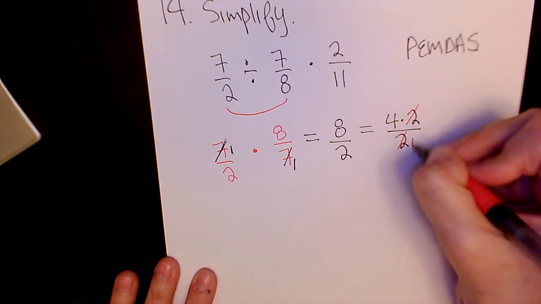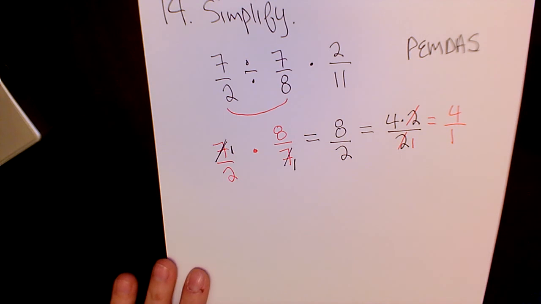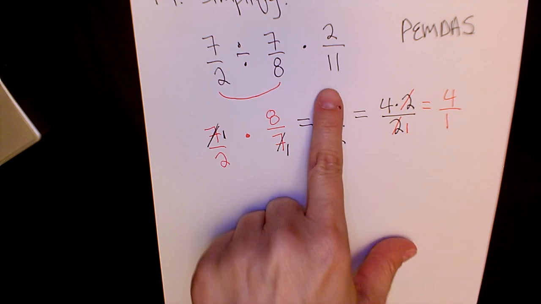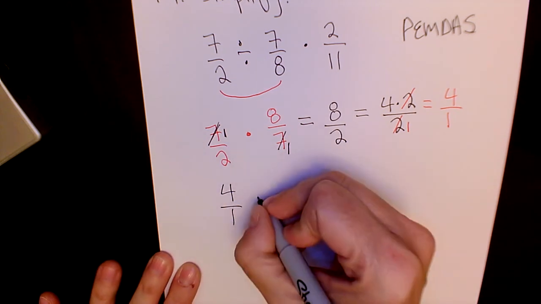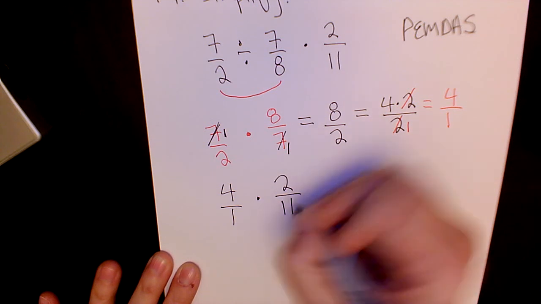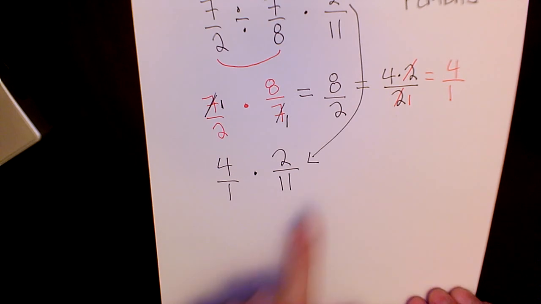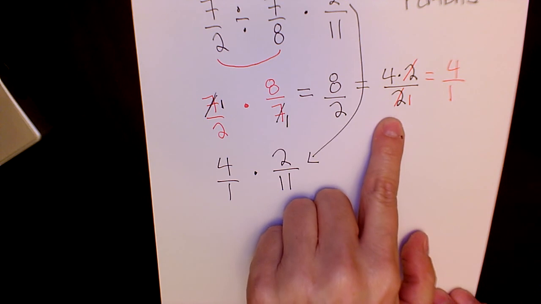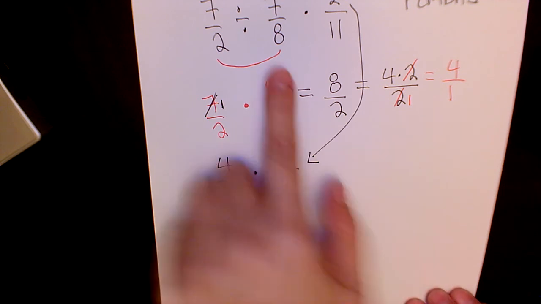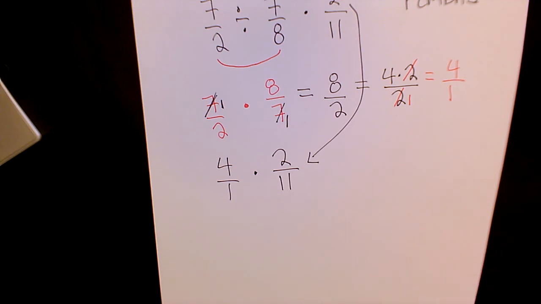I'm going to cancel, and I'm going to get 4 over 1, which is just 4, but I'm going to leave it a fraction because I'm going to have to multiply times 2 over 11. I'm just bringing this piece down. So I got 8 over 2, and I reduced that to 4 over 1. And then the second part, I'm going to take 4 over 1 times 2 over 11.